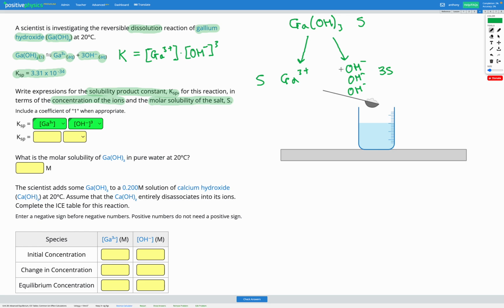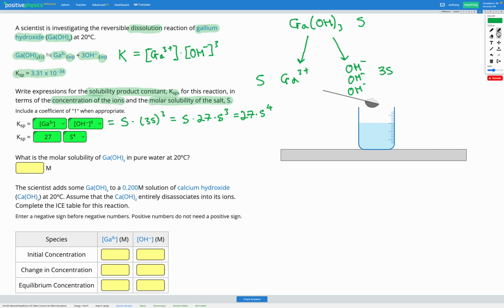So putting that into our equation here, gallium 3 plus has a concentration of S, OH minus has a concentration of 3S, and it has to be cubed. So we're getting S times 3 cubed, which is 27, S cubed, which gets us 27 S to the power of 4. So we can fill that in here. Awesome.